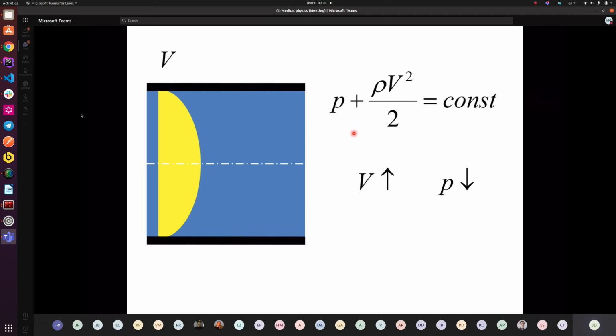Okay, so if velocity is equal to 0, the pressure must be the highest. This is the highest pressure area and this is the smallest pressure area, vice versa against the velocity distribution. The question, please?